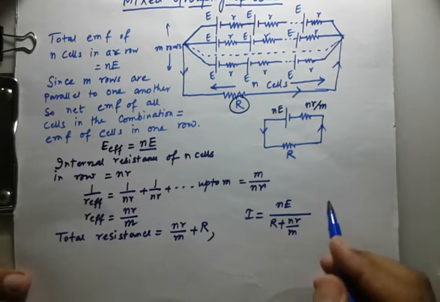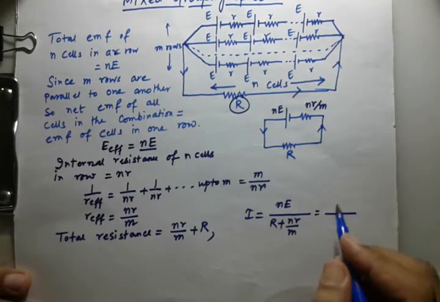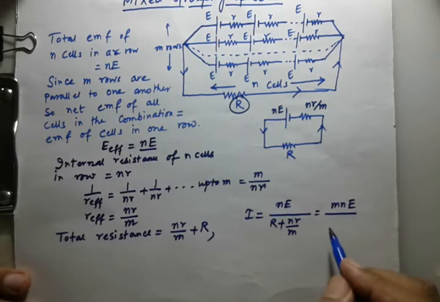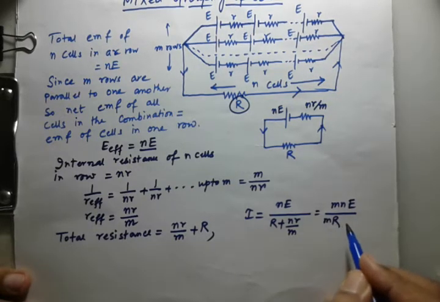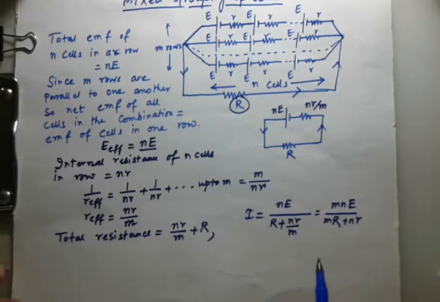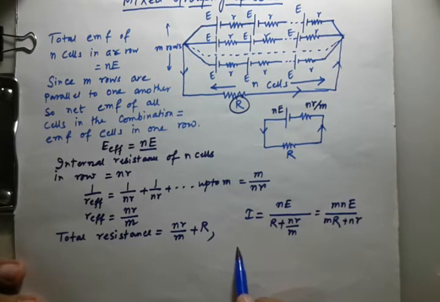If you solve this one, you will get mnE by mR plus nr.